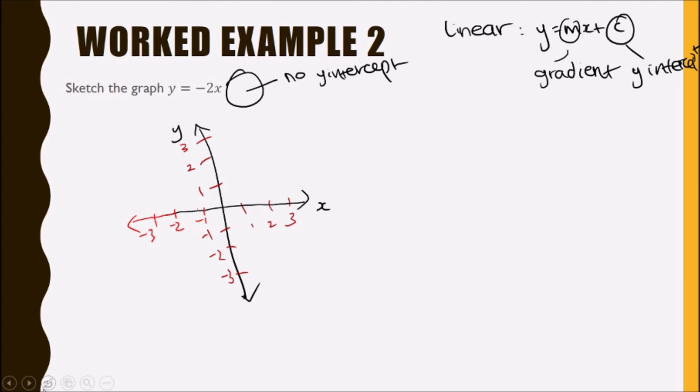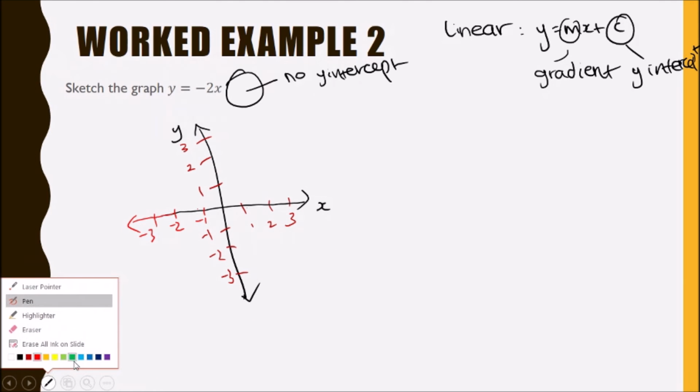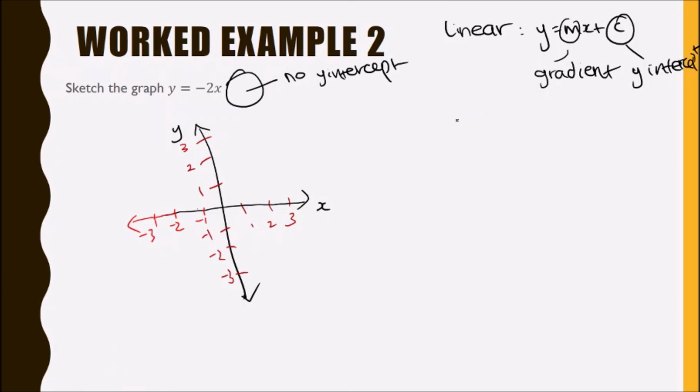Okay, so what you can do is pick a value. So let's say that's my equation, right? Let's say I pick x is 1. I have to put the value of x, because 1 is on the x-axis, into this equation. So it becomes y equals -2 times 1. See how I've just substituted the 1?